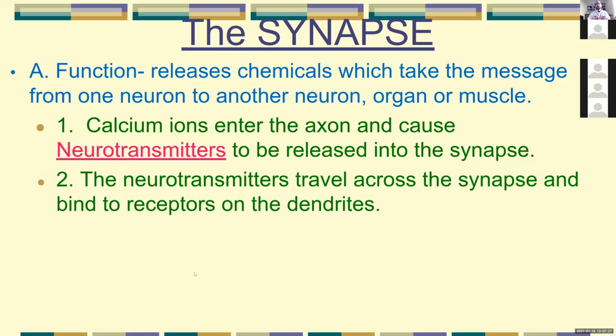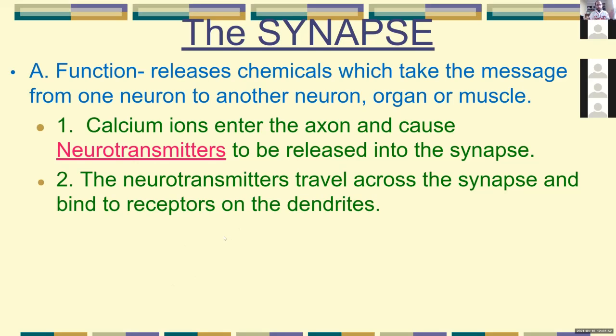Now, the neurotransmitter is what travels across that opening, that synapse. The neurotransmitter gets released from that one neuron that's stimulated. They float down to the next neuron, or the muscle, or the organ, and then the neurotransmitter binds to little locks, and it opens up gates for sodium to flood in.